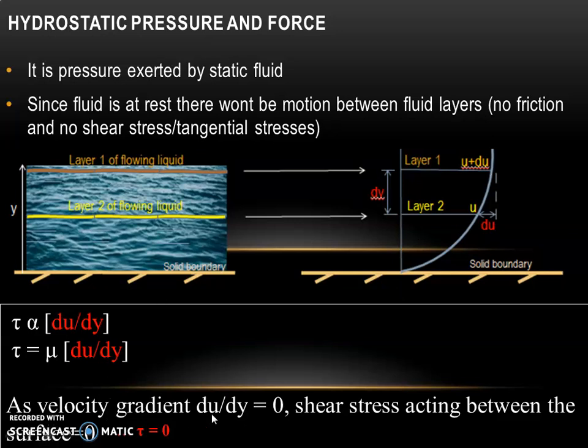As fluid is at rest, there won't be any velocity gradient, that is du by dy is equal to 0. So from this equation, if we substitute du by dy equal to 0, we get tau, that is shear stress, also equal to 0. So that means for a fluid at rest, there won't be any shear stress.